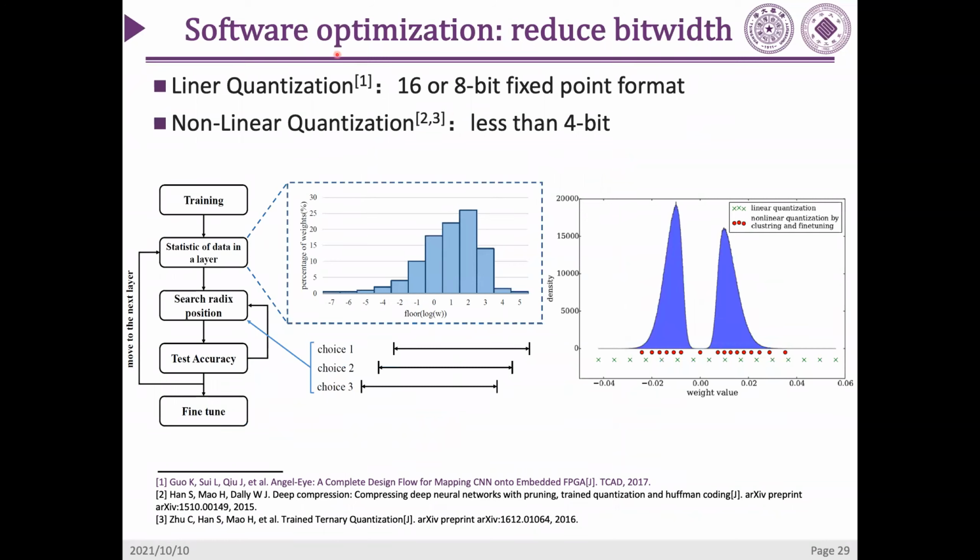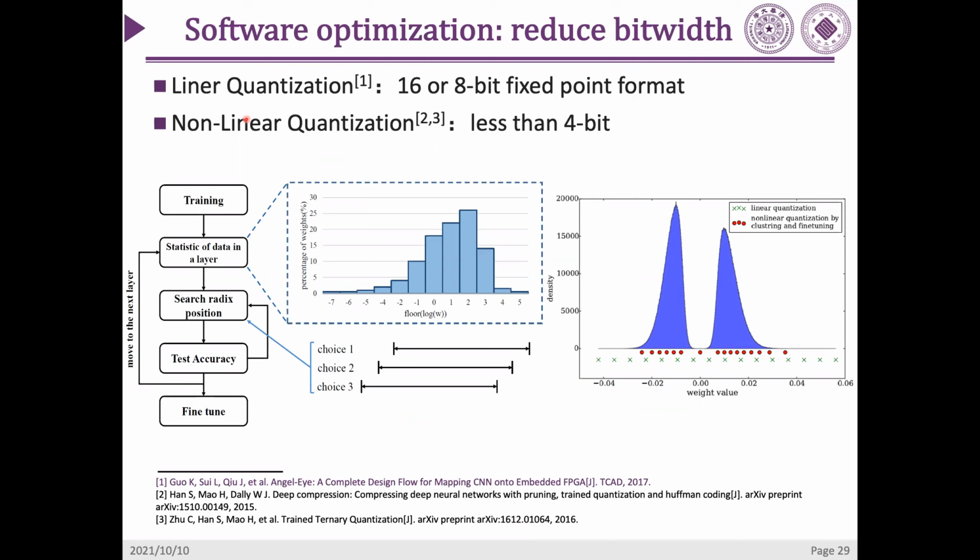For the software optimization, the first one is quantization, that is to reduce the bit width. Previously you had a 32-bit multiplier, and after quantization you only have an 8-bit multiplier.